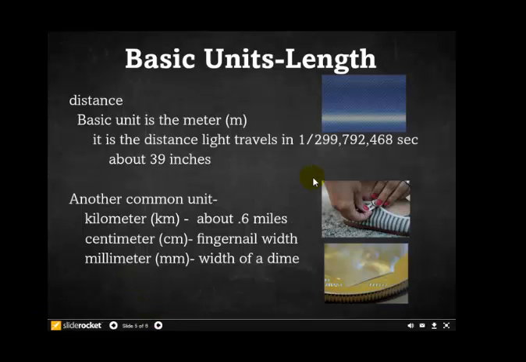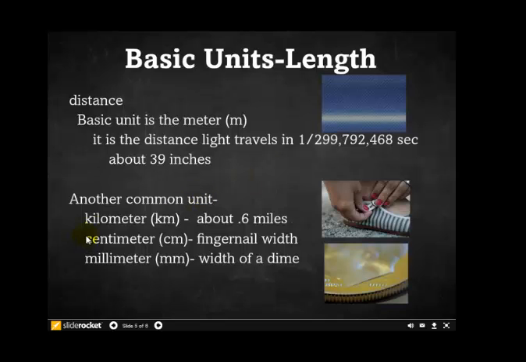What is that fraction of a second? It's right here. In that very short amount of time, how far light travels is defined as a meter. In English units, it's about 39 inches, a little over a yard.